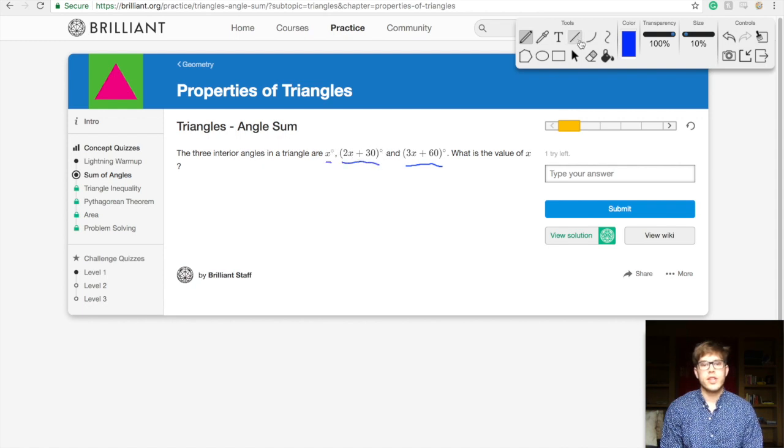Okay, so let's sketch our triangle. I always find it useful to have a picture. Illustration is really important. It just gives you another sense for what you're doing.